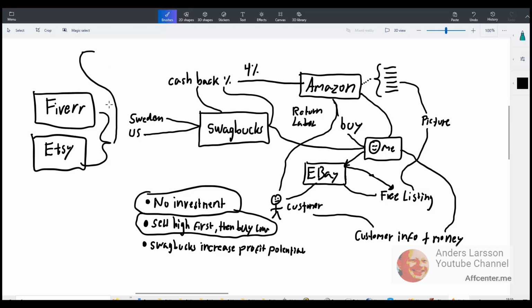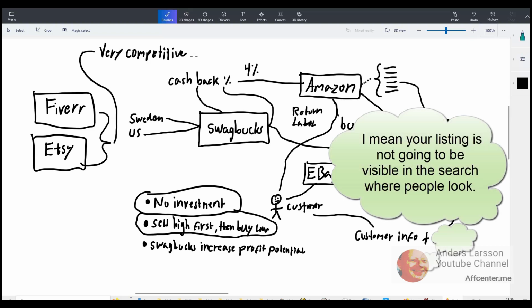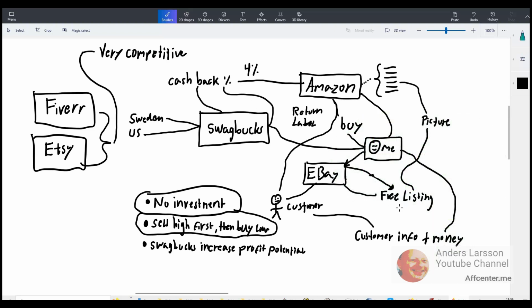That means that the keywords that you use in your service or in your product title are not going to be visible if you use a more competitive product. And of course, this is the same with eBay when you create your free listing.